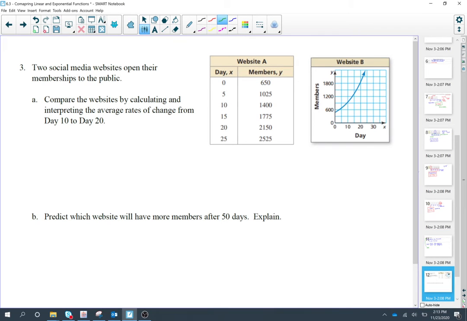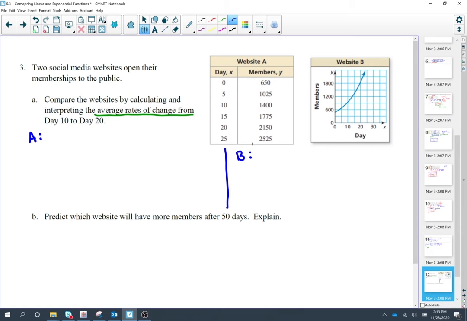Example 3. Two social media websites open their memberships to the public. Part A, compare the websites by calculating and interpreting the average rates of change from day 10 to day 20. We have to do this for both companies, so I'm going to split my page right here, with website A over here and website B over here.